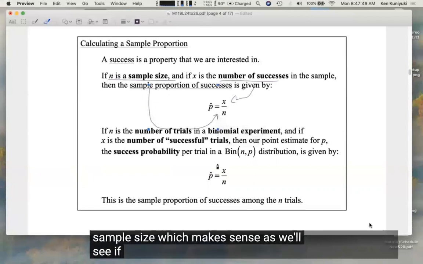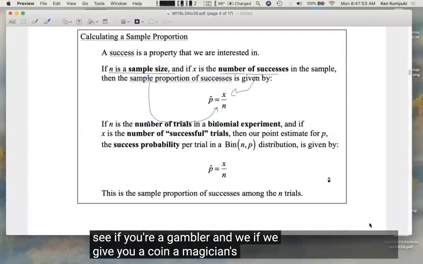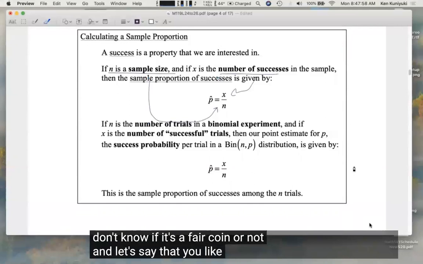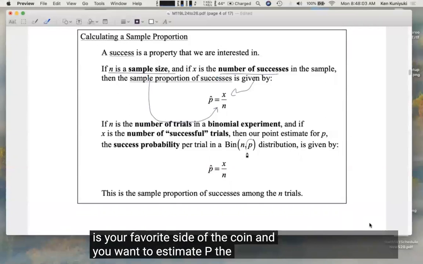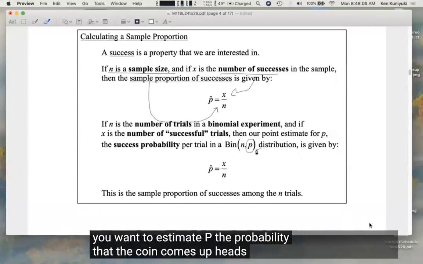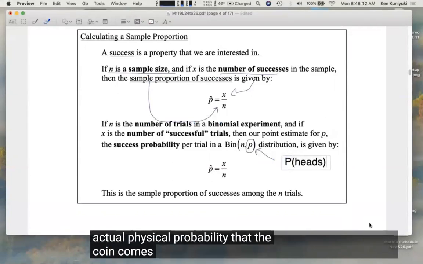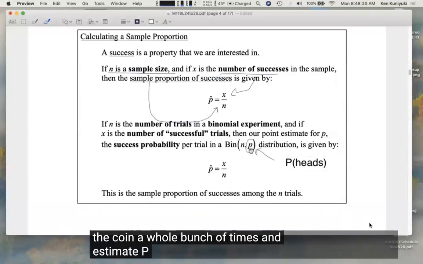If you're a gambler, and if we give you a coin, a magician's coin, so we don't know if it's a fair coin or not, and let's say that you like heads. Heads is your favorite side of the coin, and you want to estimate p, the probability that the coin comes up heads. So p is the actual physical probability that the coin comes up heads. Well, you could flip the coin a whole bunch of times and estimate p by using a point estimate, p hat.